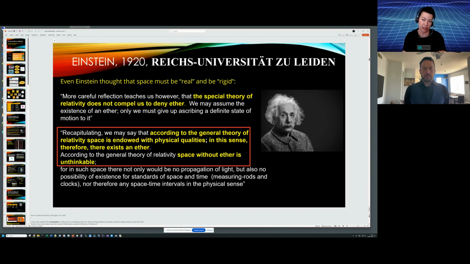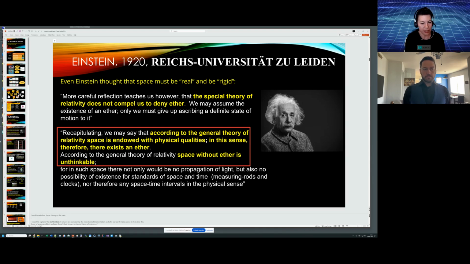So in this sense, there exists an ether. He even went as far as saying space without ether is unthinkable. So I'm always surprised when people say, no, Einstein proved there's nothing there, right? Well, that's not what he showed. You don't need it in the math, but he himself said he thinks there should be something, right?